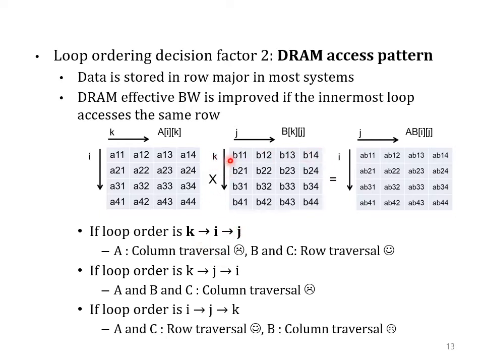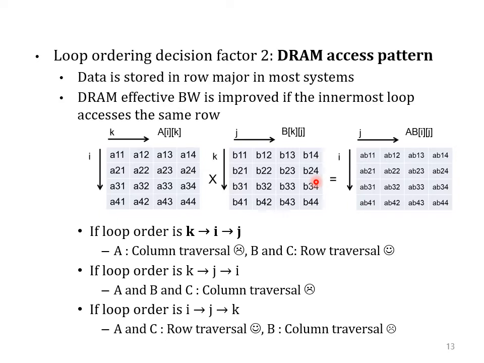So we're done with the J, I loop, and then you're going to the next K loop, which is this one. That's the second row. And over again, and then the next row and the next row. So every access in matrix B is going in the row direction, and this is good for high bandwidth.